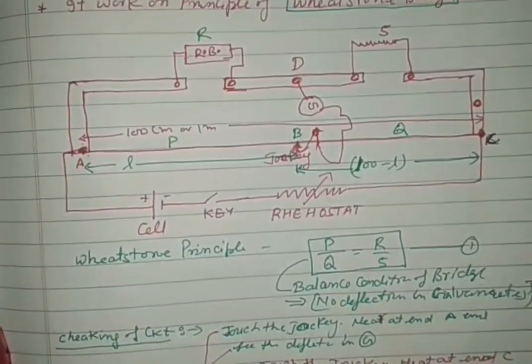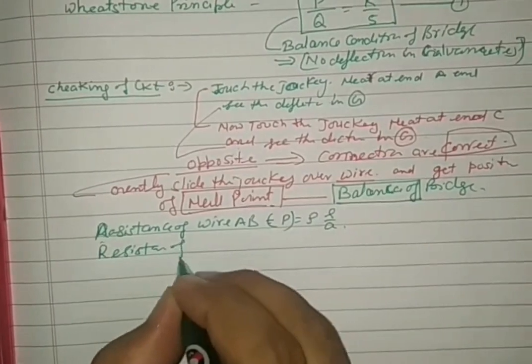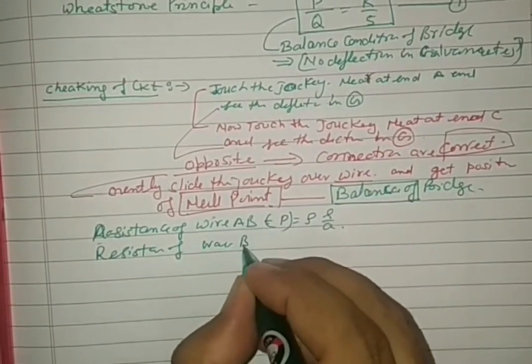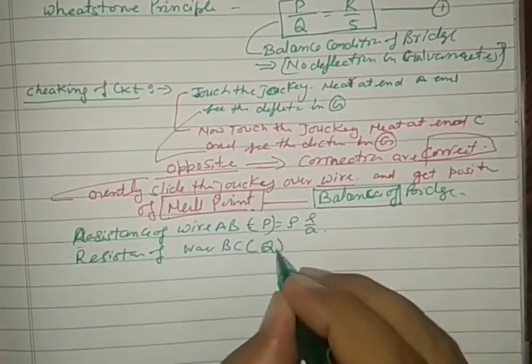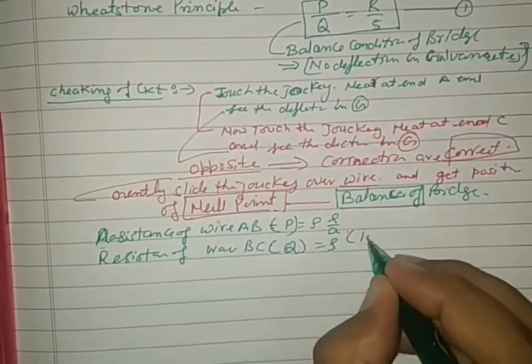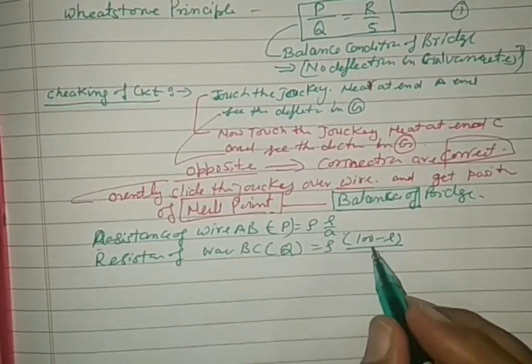Now see the resistance of wire BC, this part. Let it be Q, equal to rho times (100 minus L) by A, with the same area of cross section.